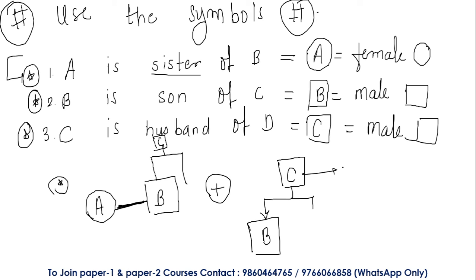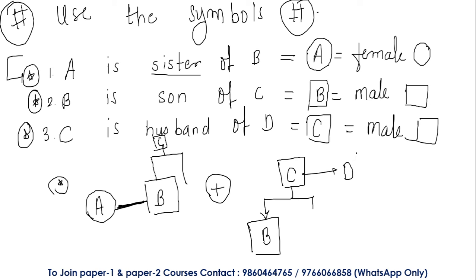Please remember one thing: in blood relation, the third generation concept is not included. Only the sex character of female and male is considered, not other sex characters, for this particular topic. So whenever I say C is husband of D, it means C is a male character, then compulsorily D will be the female character.